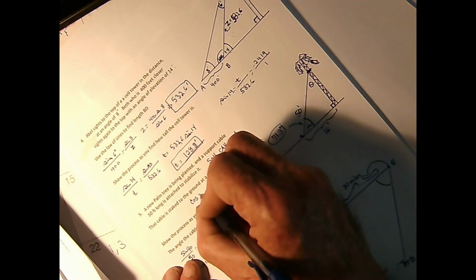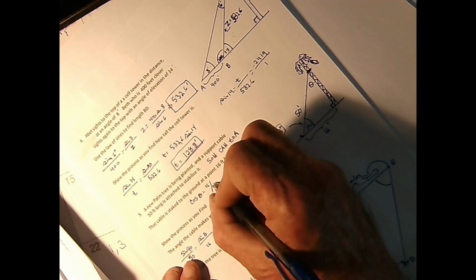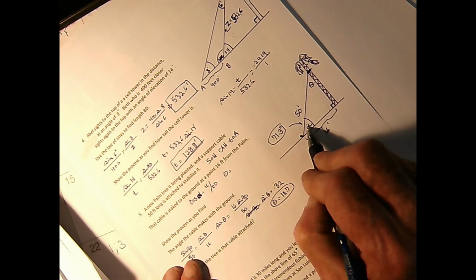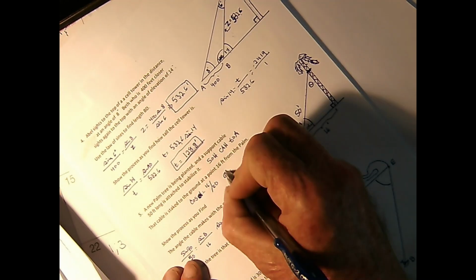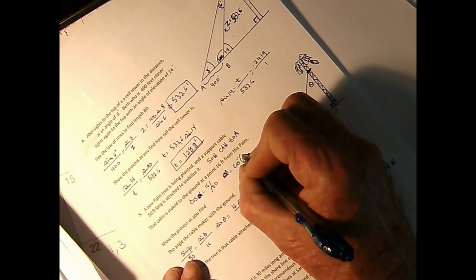The cosine of theta would be 16 over 50. So theta itself, oh, I shouldn't be saying that. Let me call that alpha. I apologize. The cosine of alpha is adjacent over hypotenuse. There's theta, there's alpha. That's what I care about. Sorry about my slips. Alpha will be the arc cosine of 16/50ths.